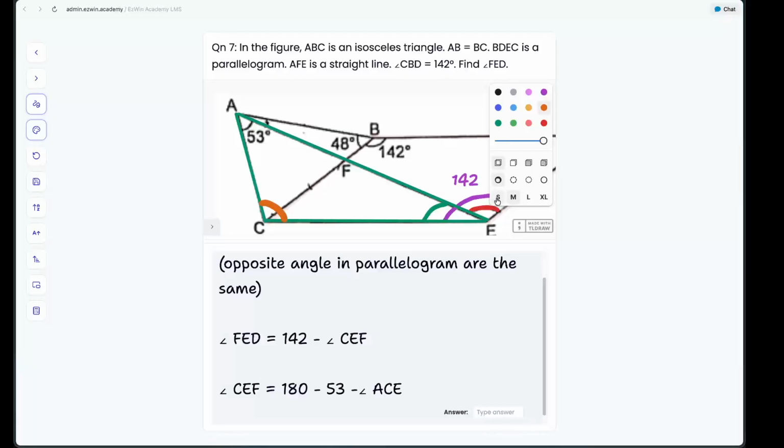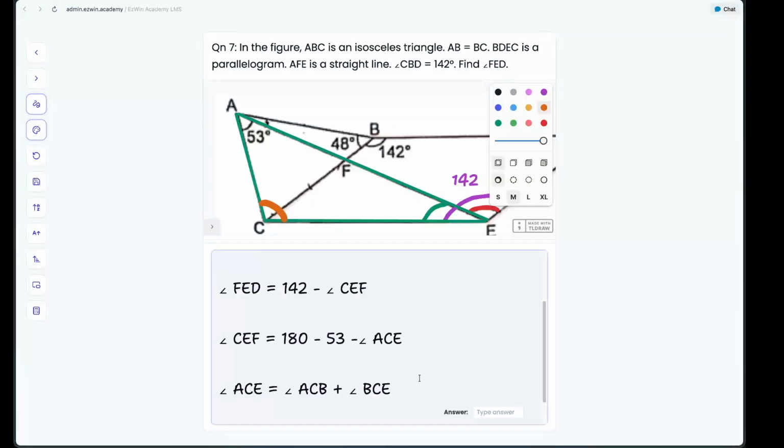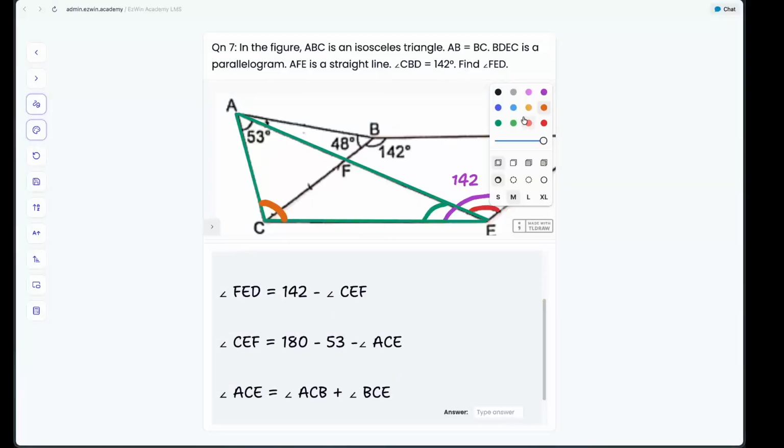How do we get this orange angle ACE? To get ACE, there are two angles that we need to get, which are angle ACB and BCE, which I'm going to highlight in blue and also in pink.